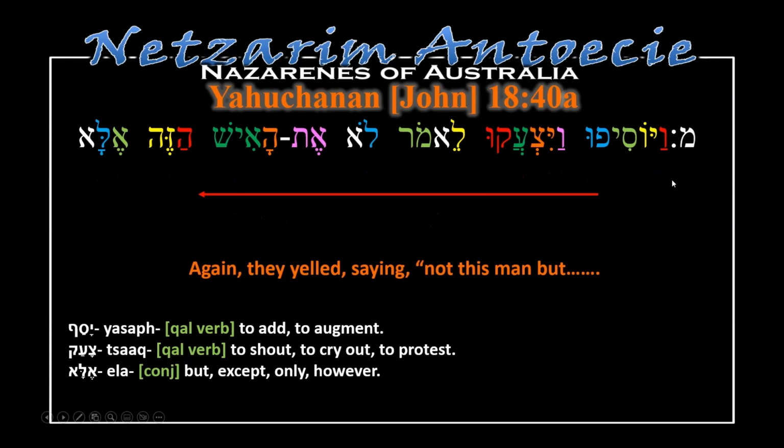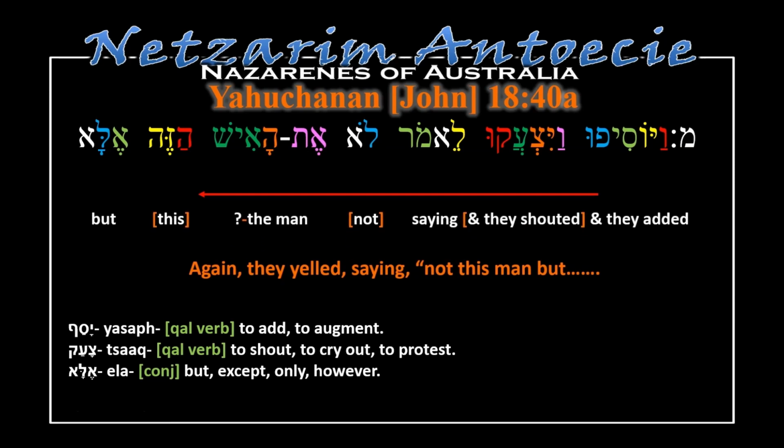And now we can read it. Vayosifu, vayitz'aku, lemor, lo, et, ha-ish, hazeh, ella. And the translation, and they added, and they shouted, saying, not, grammar marker, the man, this, but. And the translation here is, again they yelled, saying, not this man, but.